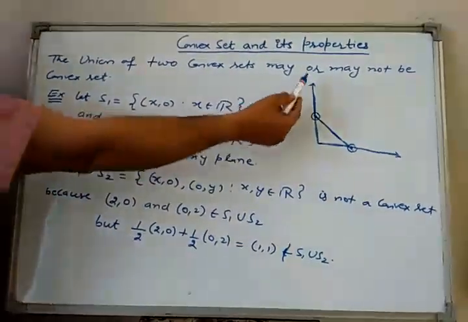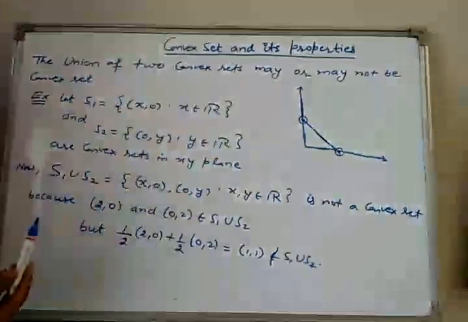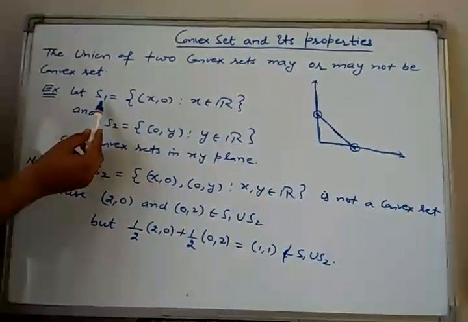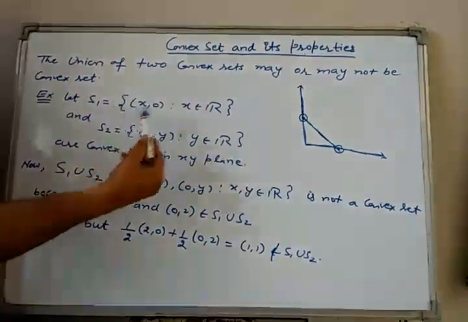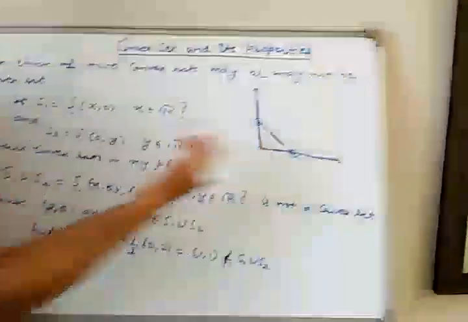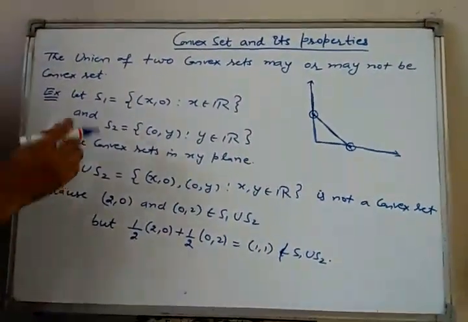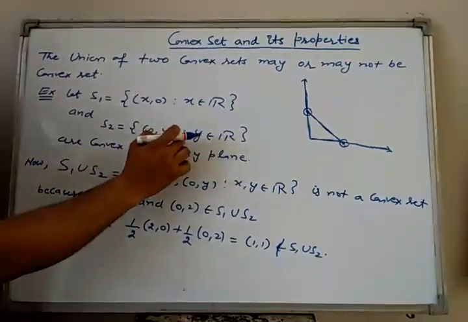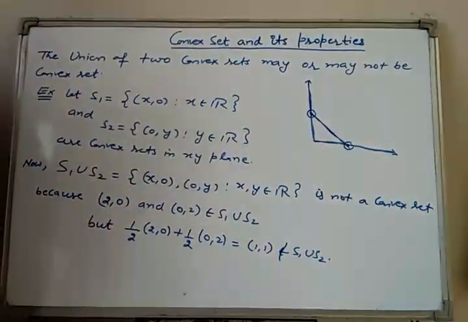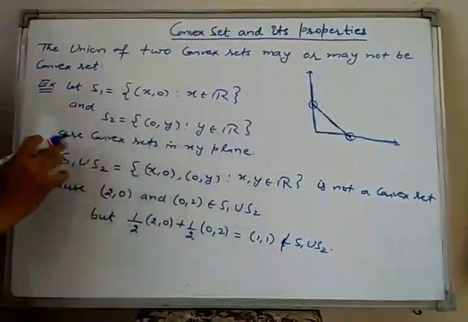Now I can express this example mathematically. Let S1 be the set {(x, 0), x belongs to R}. This is basically the x-axis. And S2 is {(0, y), y belongs to R}. This is basically the y-axis.